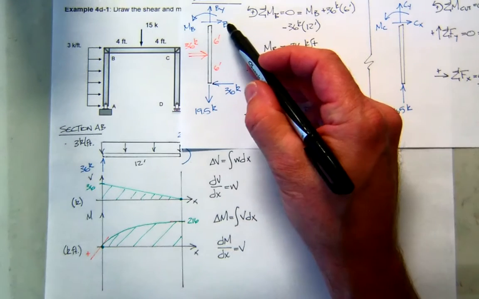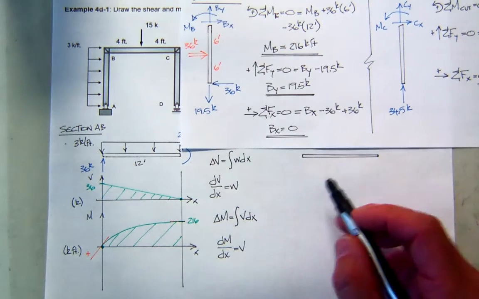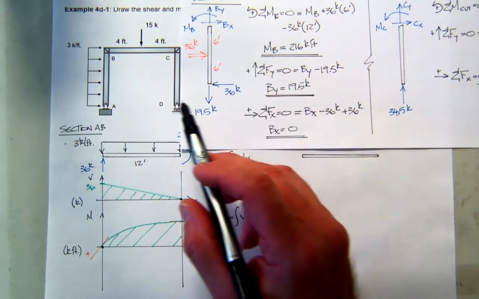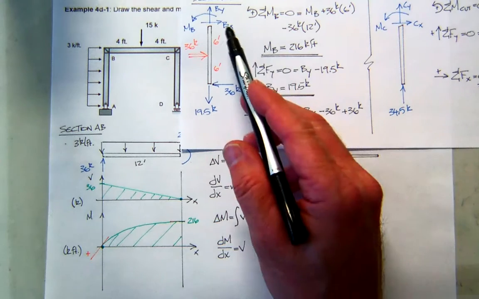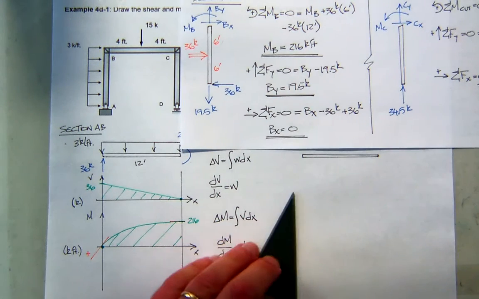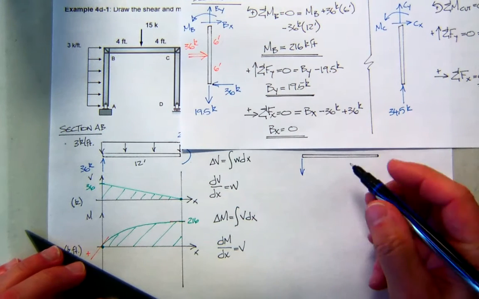So here is B. So BY on this structure is going to end up being the value here. And I found BY, and it was positive. So it's up, right? Positive up. So that means equal and opposite, it should be down. And that's, what did I say it was?